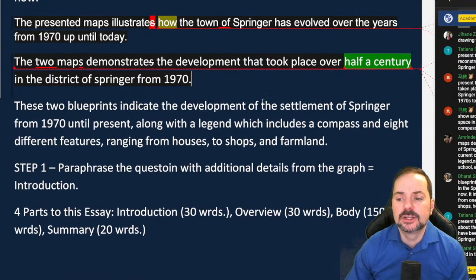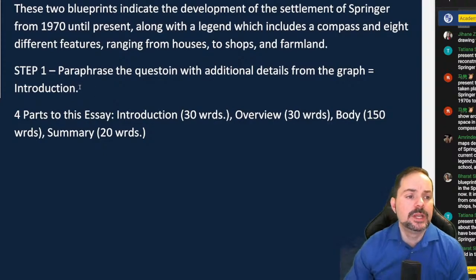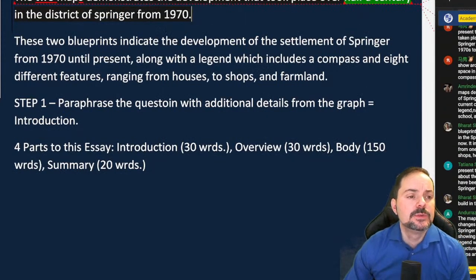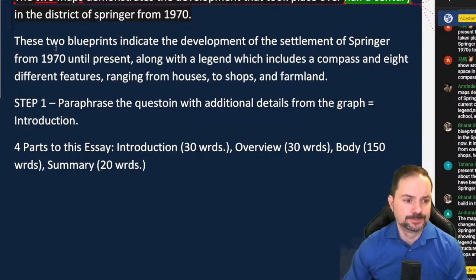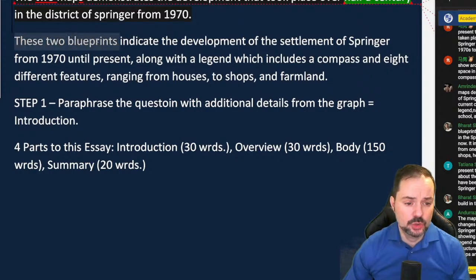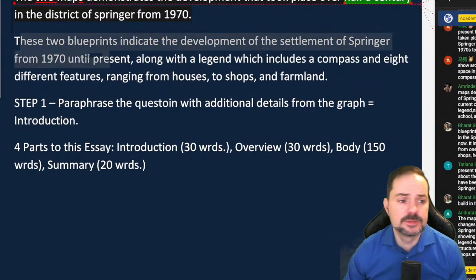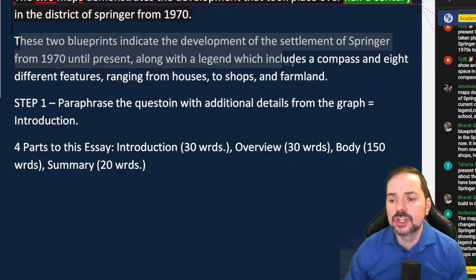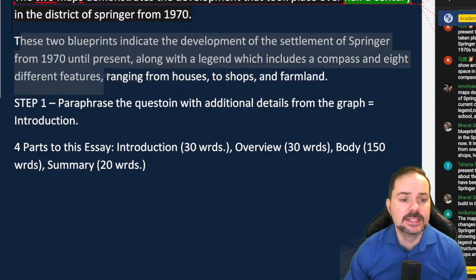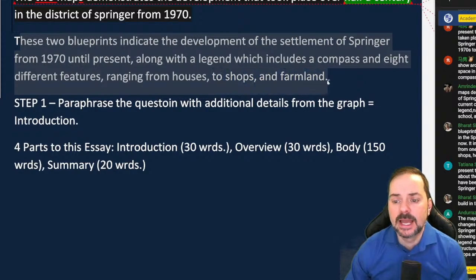So don't forget the extra detail. Take a look at what I wrote here, and then you'll see what I mean by the extra detail, okay? So these two blueprints indicate the development of the settlement of Springer from 1970 until present, along with a legend which includes a compass and 8 different features ranging from houses to shops and farmland.